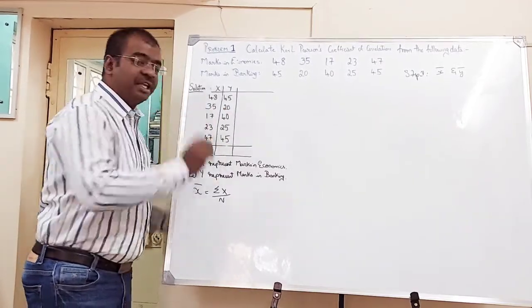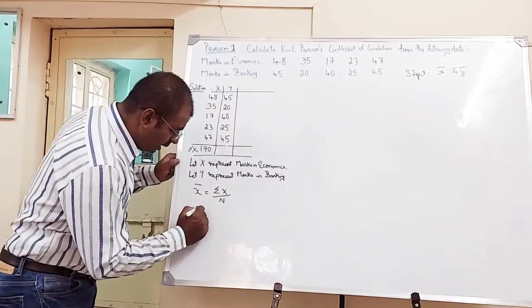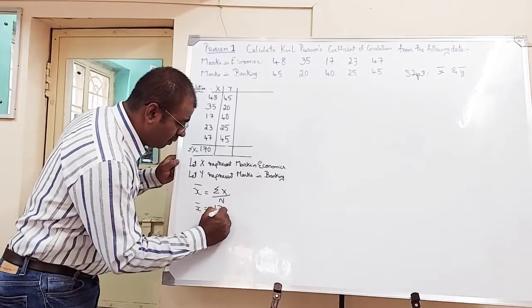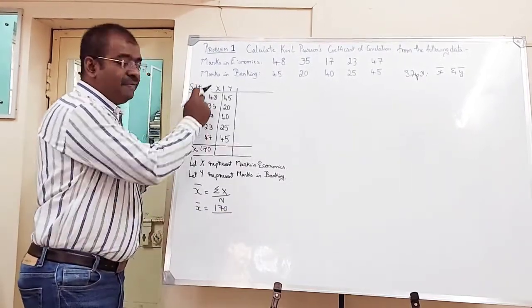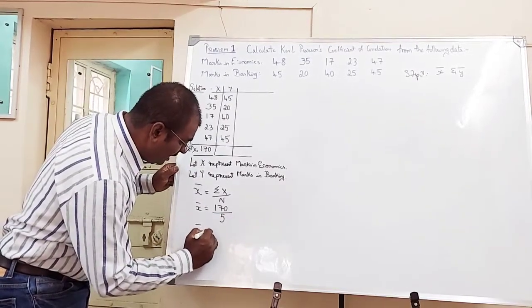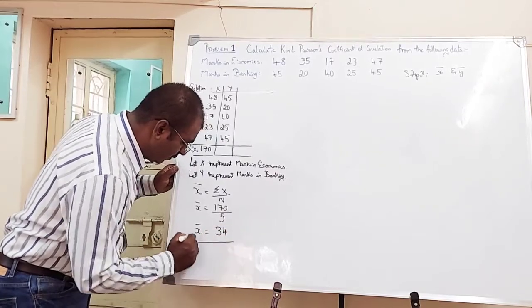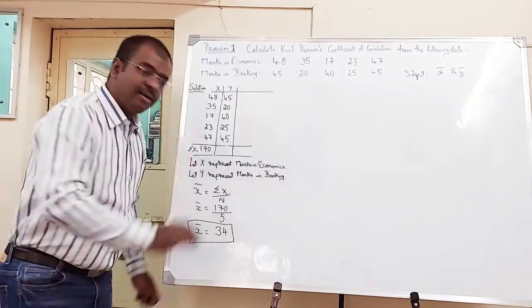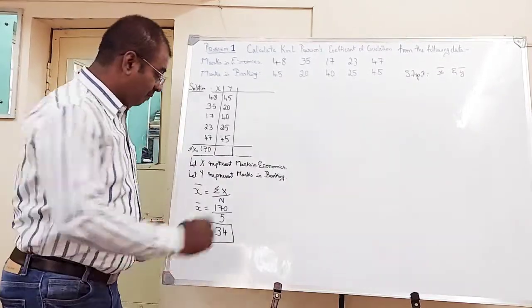The total of sigma x is 170. Now x bar is equal to 170 divided by n, and we have 5 values here, so n is 5. So 170 divided by 5 is 34. So we got the value of x bar, which is 34.